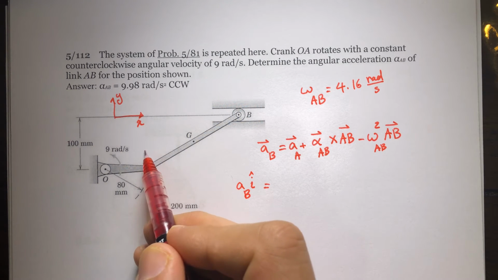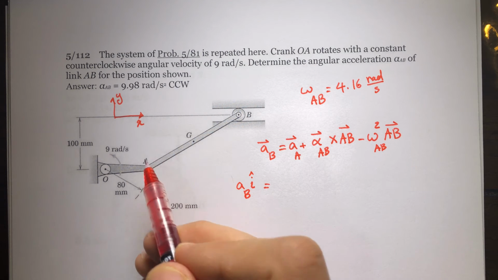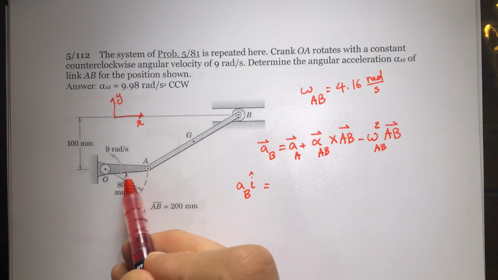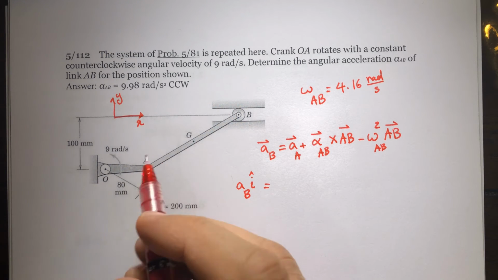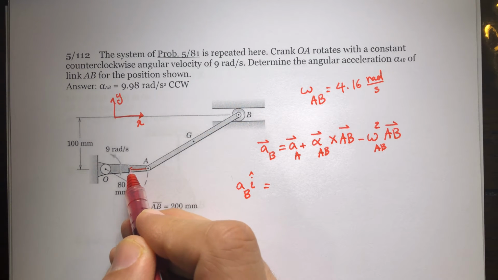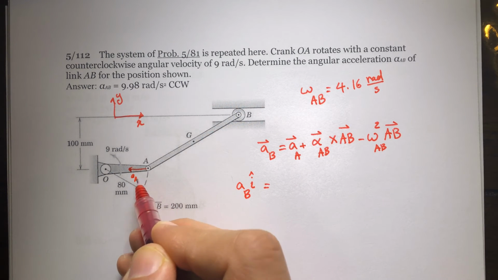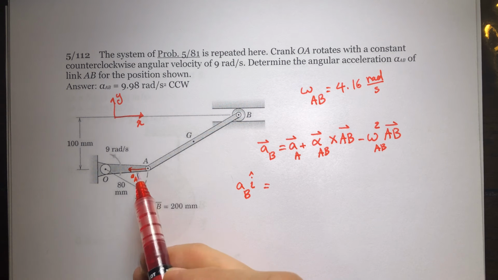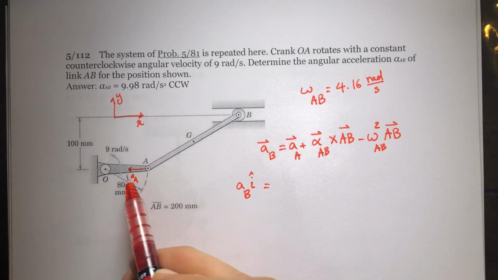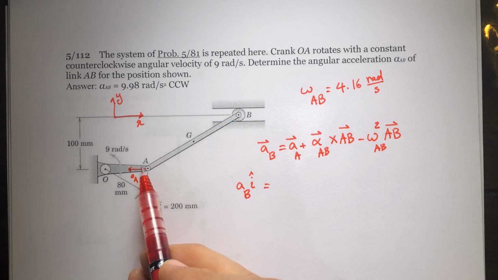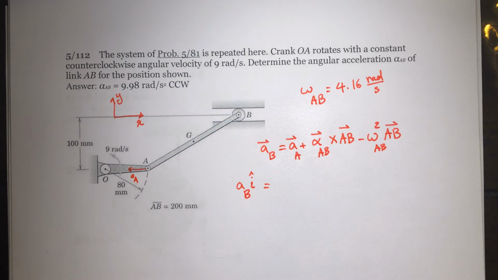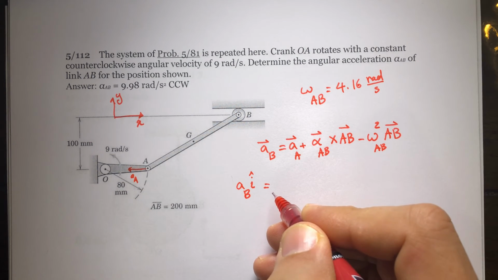So acceleration of A in the tangential direction is 0. In the normal direction, acceleration is velocity squared divided by r, or r times omega squared, right? So acceleration of A, because it doesn't have any tangential component, all of it is going to be just in the normal direction. And the magnitude of it is going to be 80 millimeter times 9 squared in negative i direction, right?